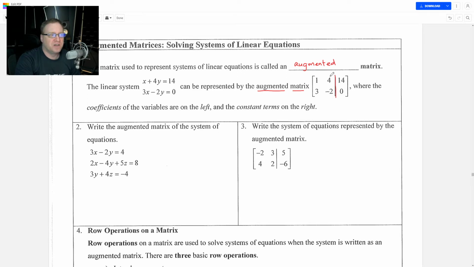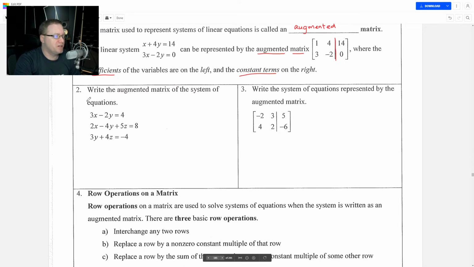So we write our augmented matrix like this, and we just treat this as one matrix. The coefficients are on the left, and the constant terms, 14 and 0, are on the right.